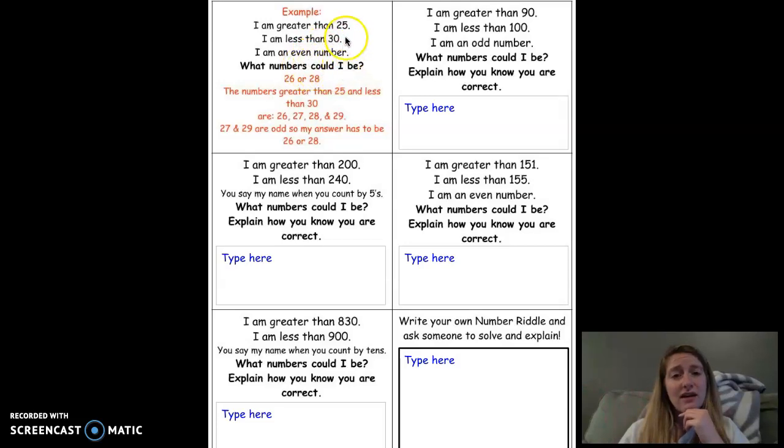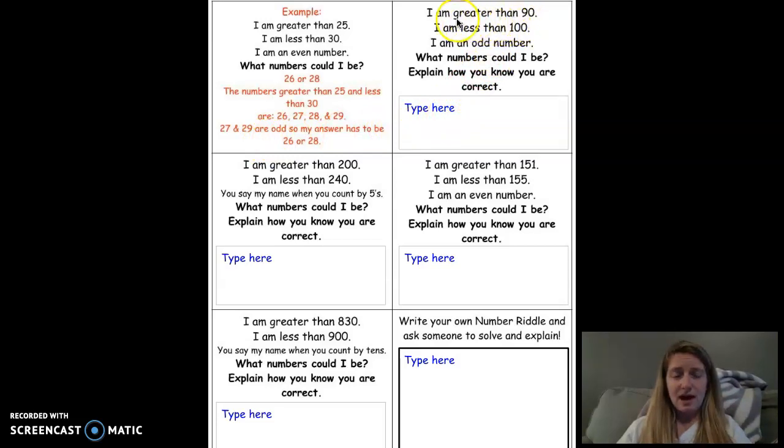So if I think of the numbers 25, 26, 27, 28, and 29, only 2 of them are even, which would be numbers 26 or 28. So I know 26 or 28 is my answer because they are even, 27 and 29 are odd, so they cannot be the answer.